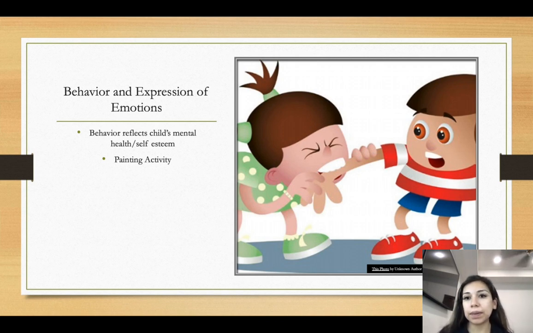They might not be paying much attention. They have a lot going on in their mind. A really good activity would be a painting activity, such as the book describes. This painting activity will help them express themselves accurately.